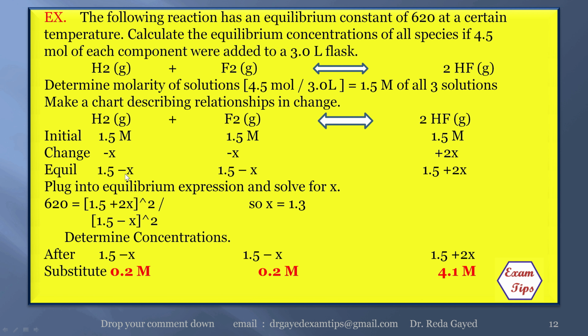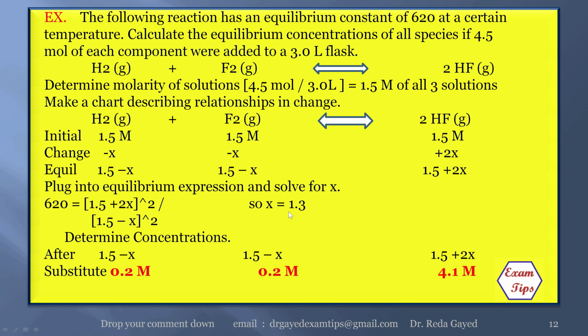So 1.5 minus x, 1.5 minus x, and this is 1.5 plus 2x. Plug into the equilibrium expression and solve for x. So 620 is given, this is K, equals 1.5 plus 2x squared over 1.5 minus x squared.